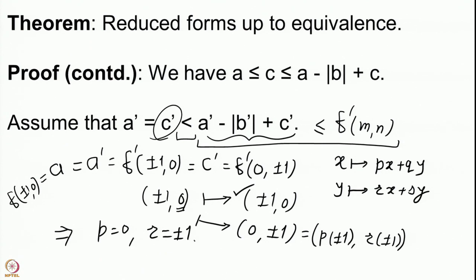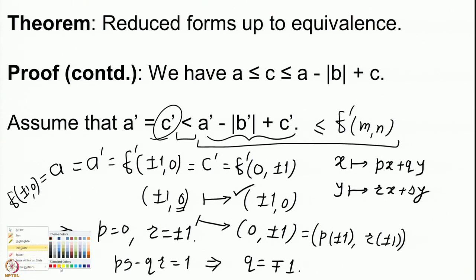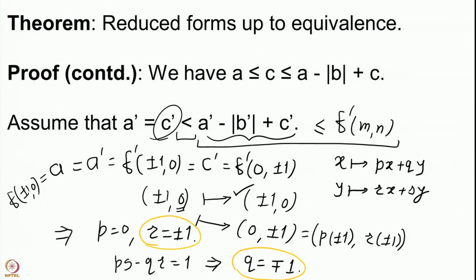You also have ps minus qr equal to 1, which implies that q is minus or plus 1. Minus or plus 1 means that whenever r is plus 1, q has to be minus 1.